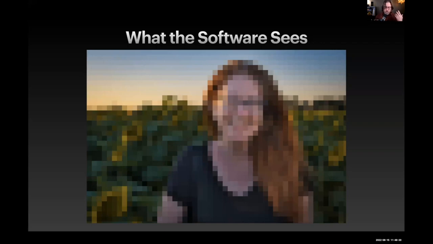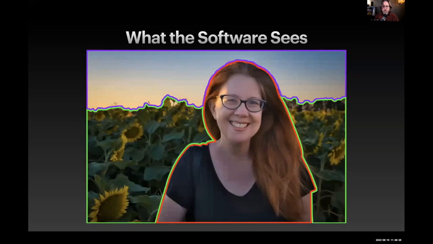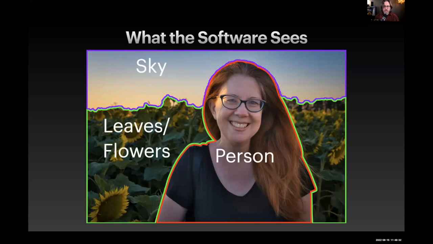So when we have software that can do some of the machine learning stuff, well, now the software sees more like we do. So it looks and it says, there is a person-shaped thing that's occupying most of the image. So that is probably a person, and it's probably also the subject.